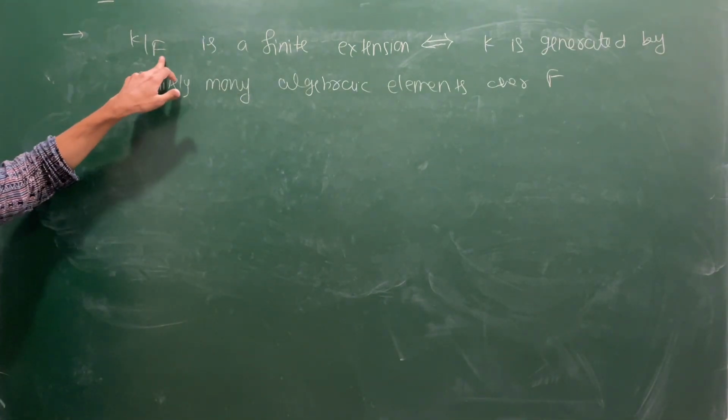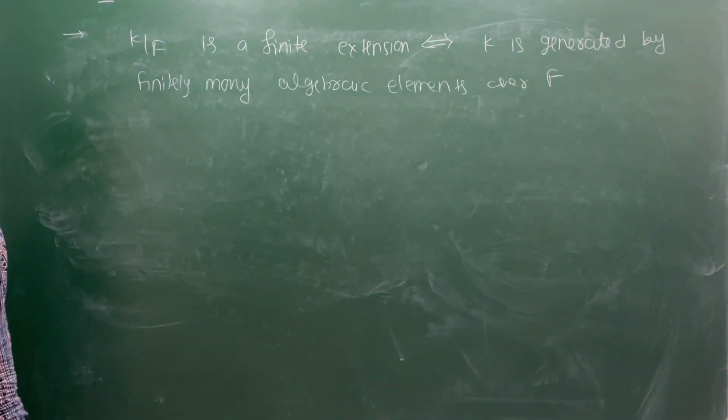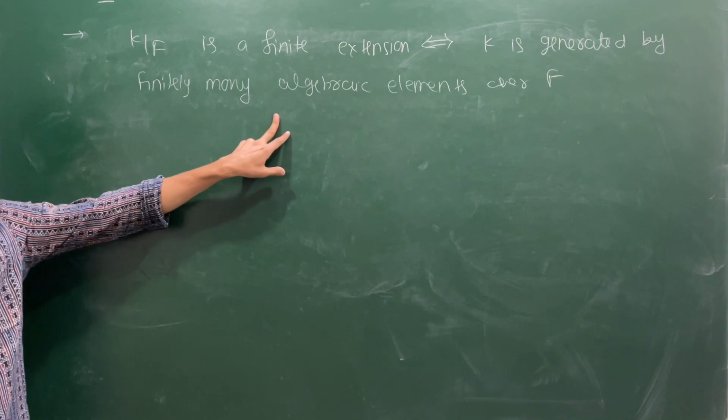This K over F is finite if and only if K is generated by finitely many algebraic elements over F.